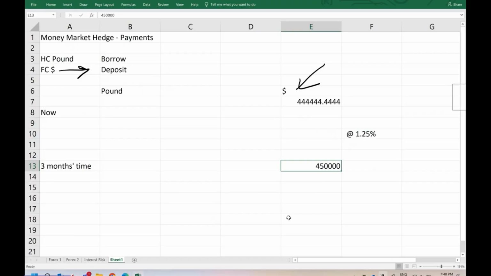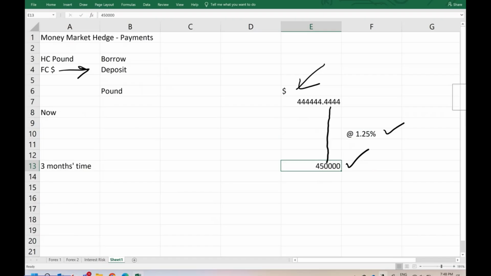So we need this money today. If we have this money today and we deposit at this rate, after 3 months we will get exactly 450,000. We withdraw and we pay.